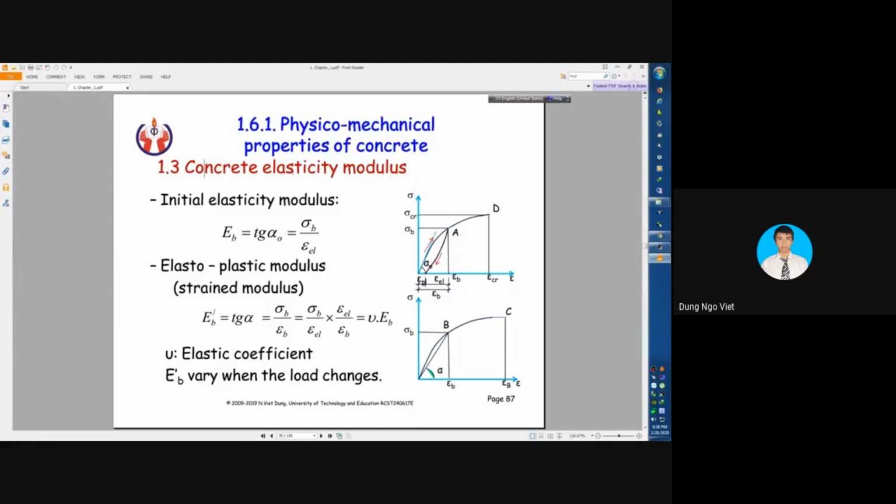Concrete elasticity modulus. From this chart, we can estimate the concrete elasticity modulus. And here we have two different values. The first one is the initial elasticity modulus.